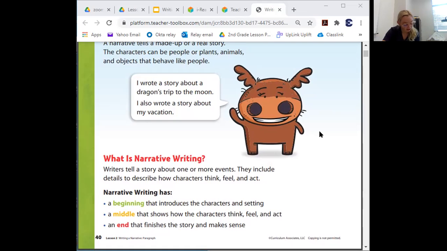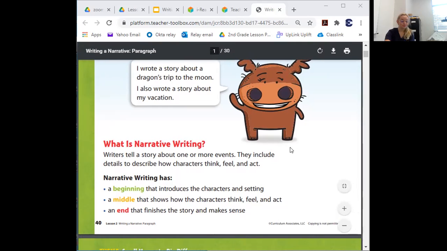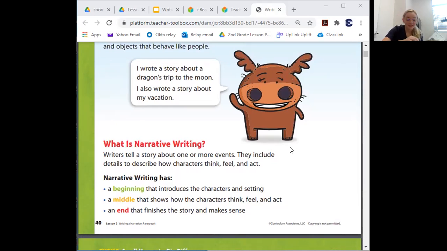Okay, what does the middle of the narrative tell us? Why is the middle important? That's right. The middle shows us how the characters think, feel, and act. And why should the end of the narrative make sense? That's right. So the readers won't be confused and they'll know that the story is finished.